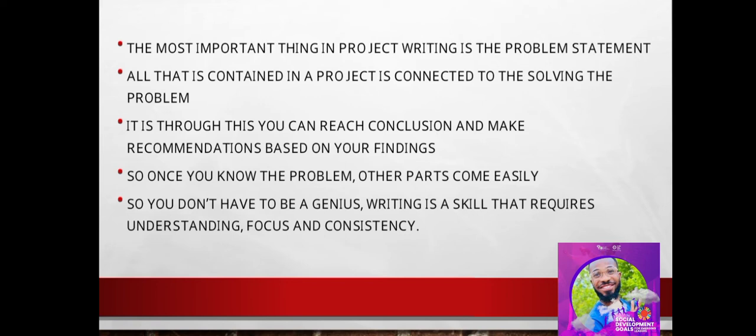Now, I'm going to use the same topic about tuberculosis. If you want to check the prevalence of tuberculosis among children aged between 8 and 15 in Mushin local government, why? What's the problem with children between 8 and 15?